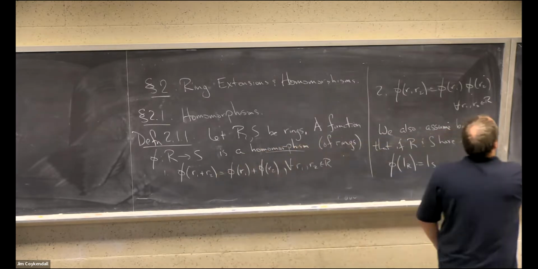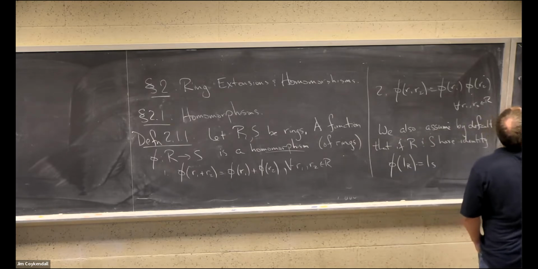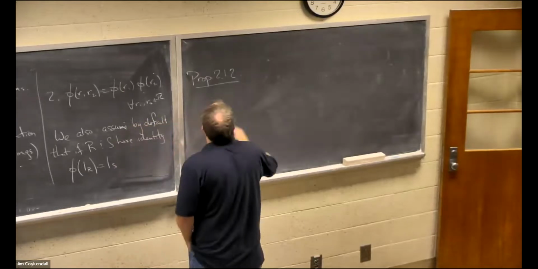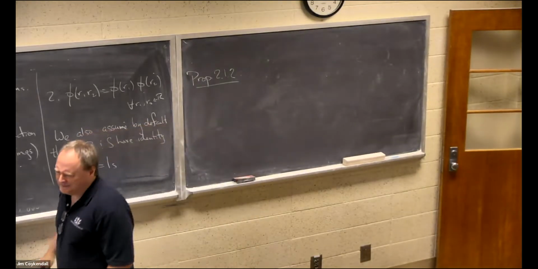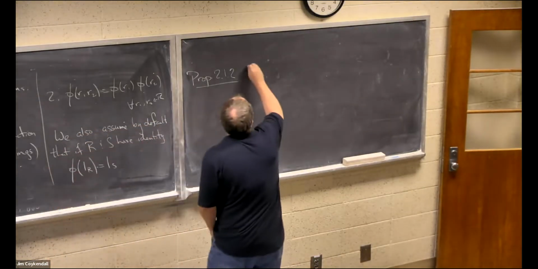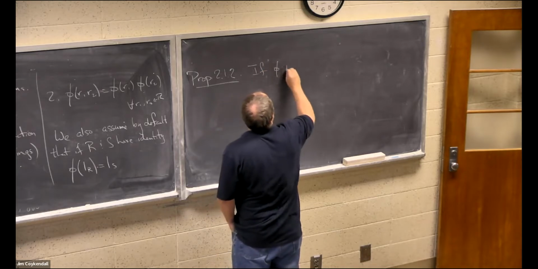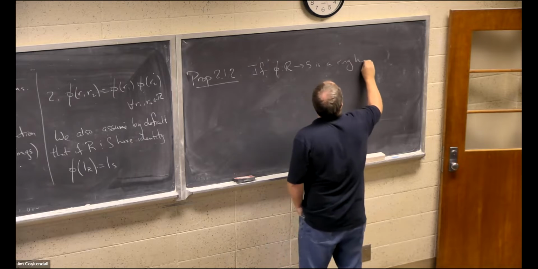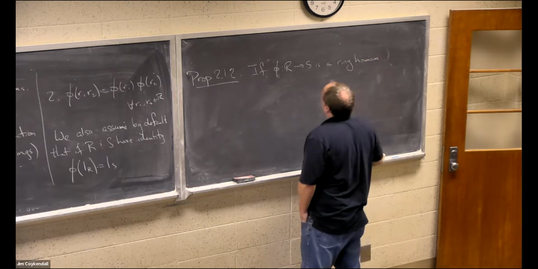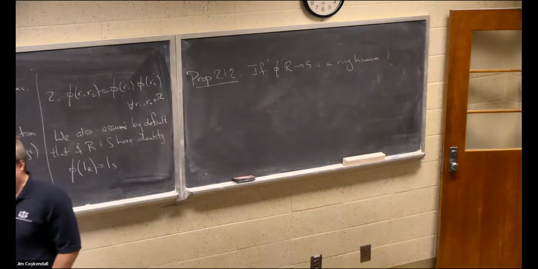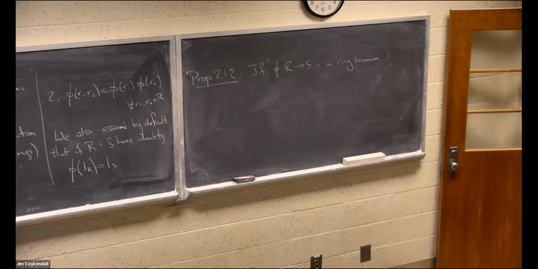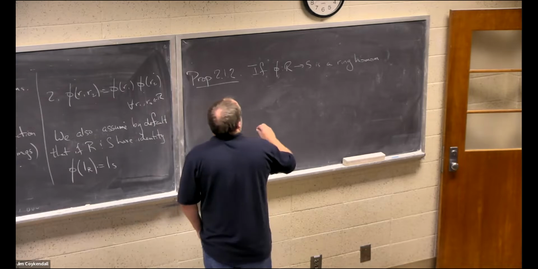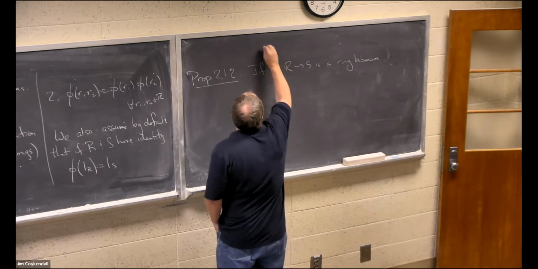Proposition. Let phi from R to S be a ring homomorphism. Well, let's see, R has identity.